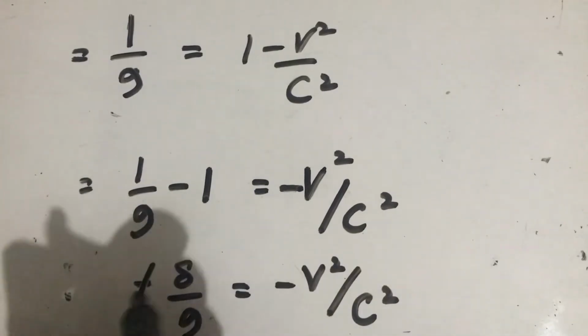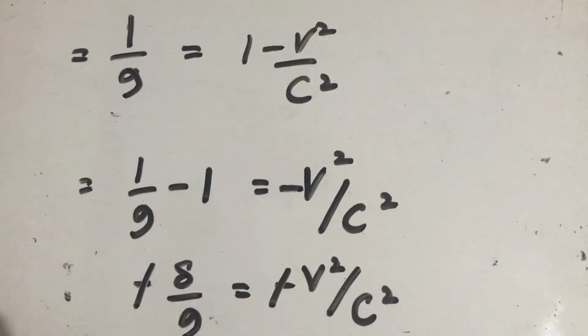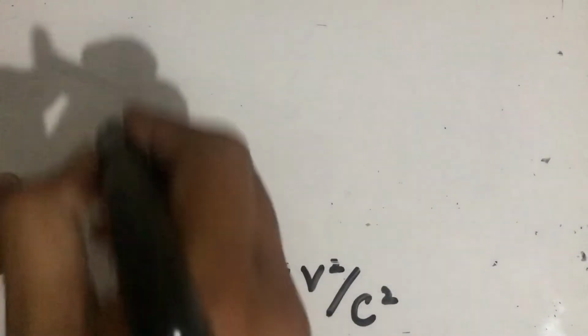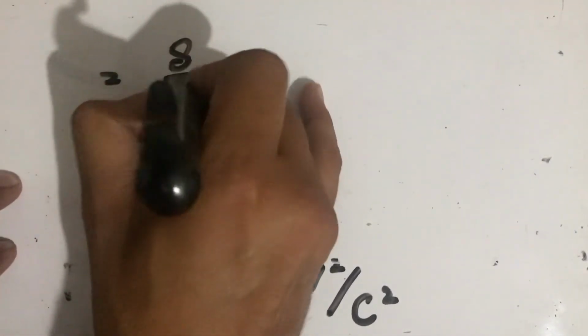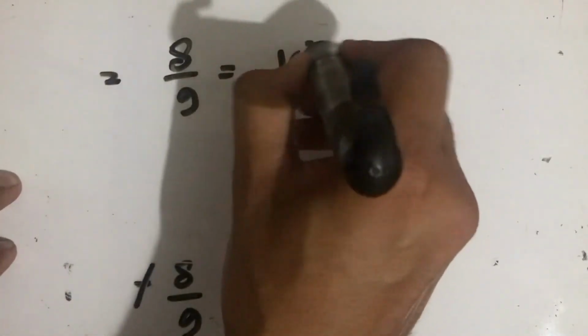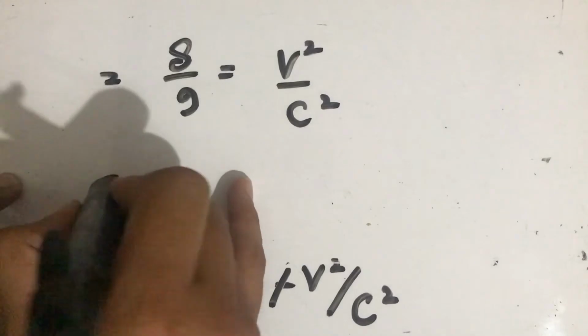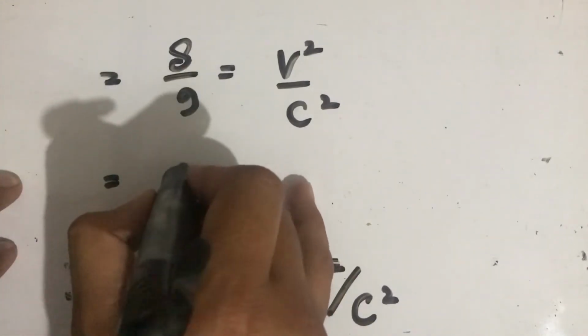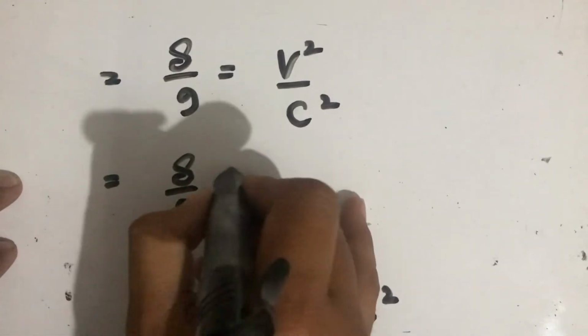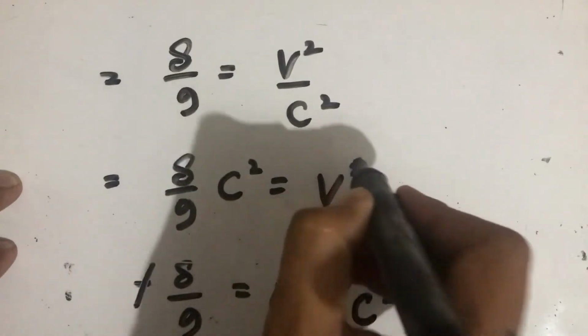So just cancel the minus sign on both sides, and we have only the value of 8/9, which is equal to v square divided by c square. So just cross multiply. So we have 8/9 c square is equal to v square.